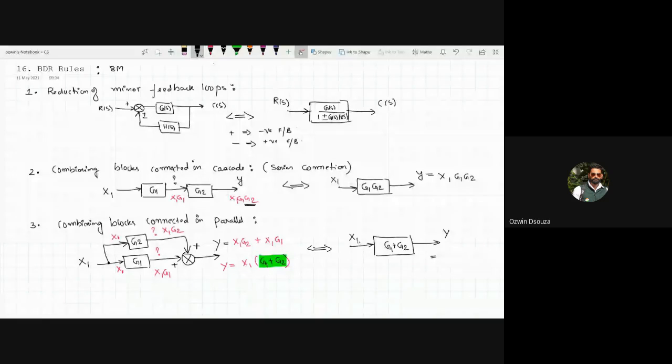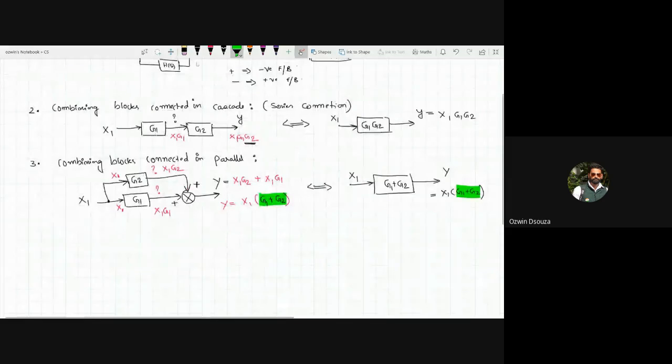Y is simply X1 times G1 plus G2. You can clearly observe that in both cases, in the actual case as well as in the reduced case, the overall transfer function or the output of the system is not altered. The output is intact. So this is your parallel connected rule.